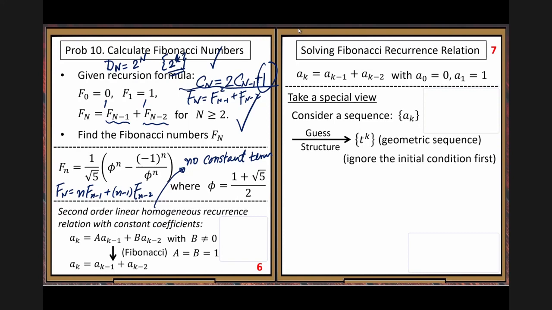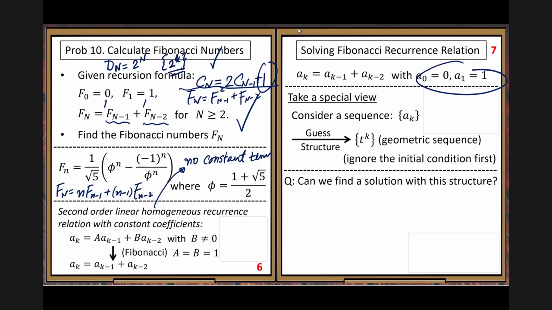Although we know there is some initial condition, let's take care of the major part. That minor part we leave. After we solve the major part, then we add the minor part back to it.